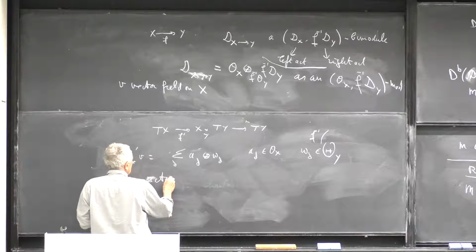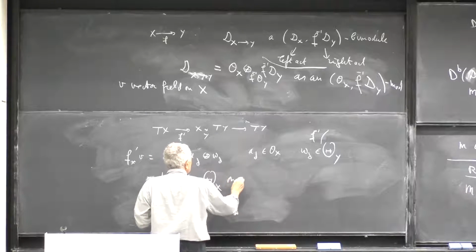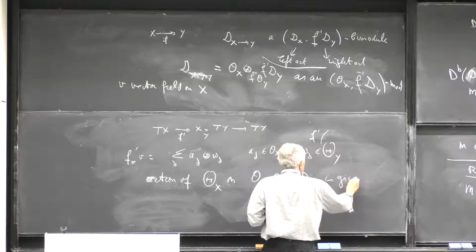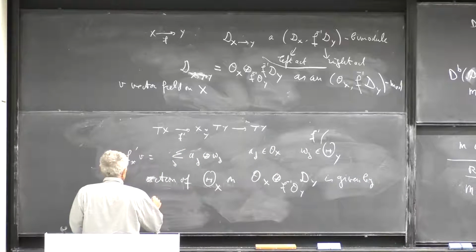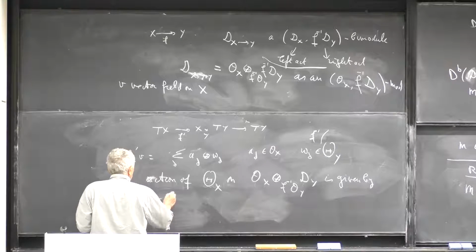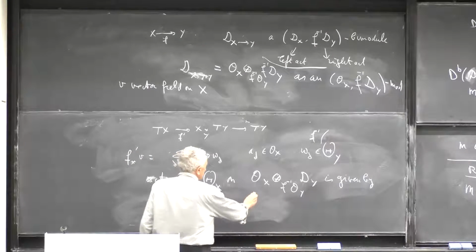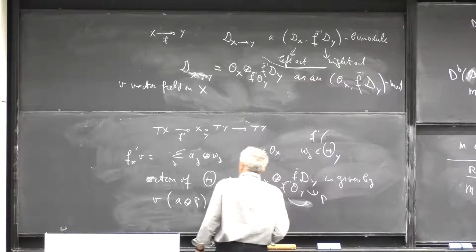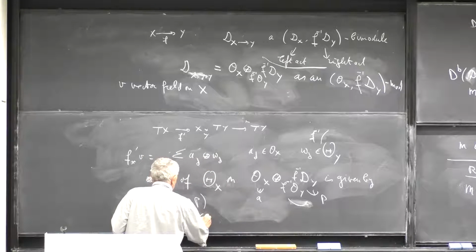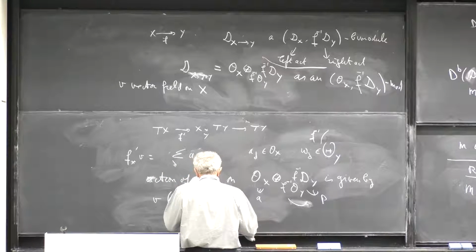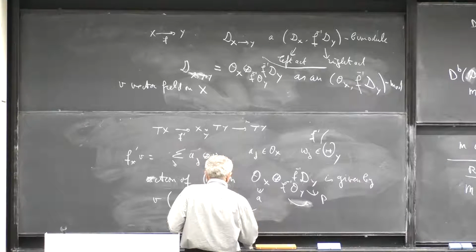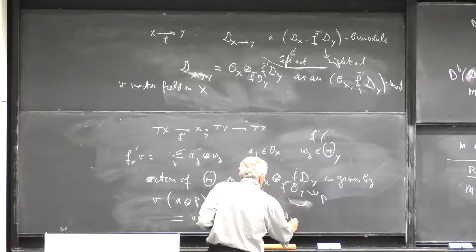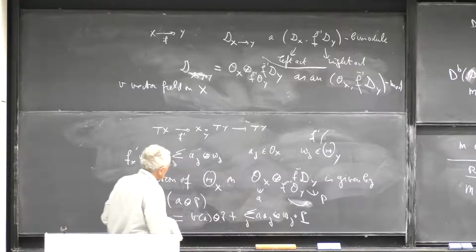So the action of vector fields Θ_X on O_X tensor f^{-1}O_Y D_Y is given by V applied to A tensor P. So V applied to A tensor P will be given by V of A tensor P plus sum over j of A_j tensor W_j composed with P. It's a little complicated, but anyway, there exists a formula.